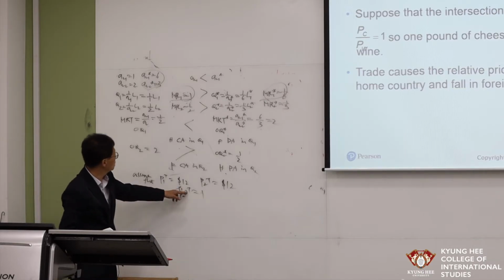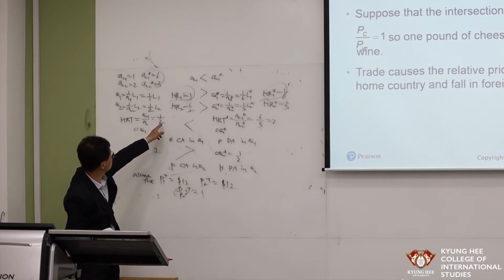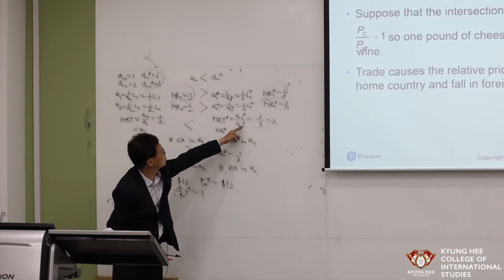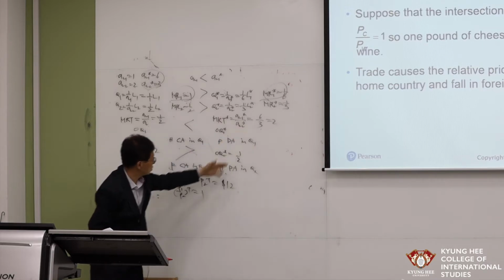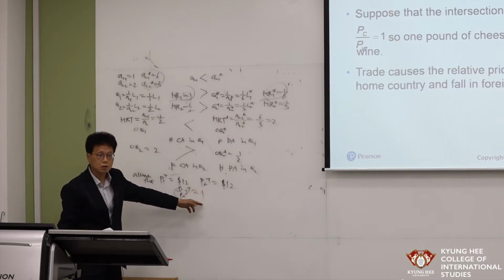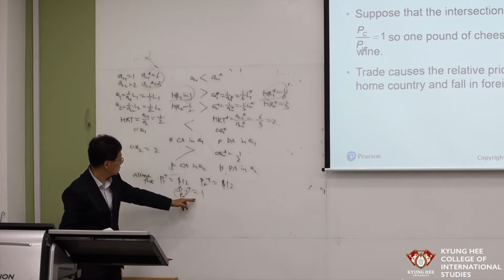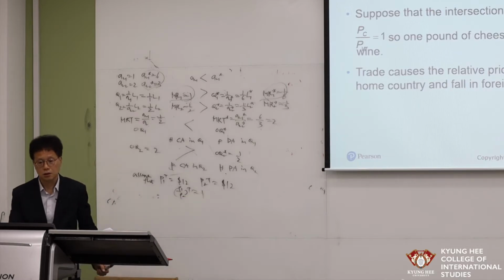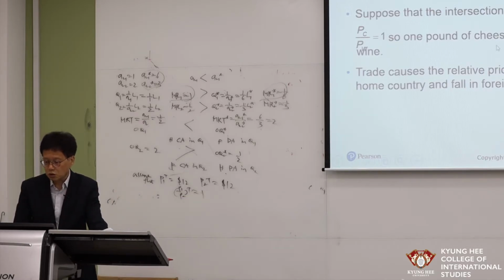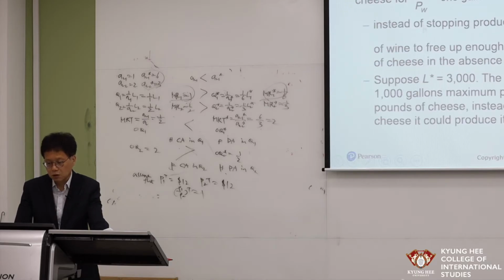Anyway, this one is in between the opportunity cost of Q1 in terms of Q2 in home, half, and the opportunity cost of Q1 in foreign, 2. Right? So that kind of thing. With trade, the foreign country can purchase 1 pound of cheese instead of giving up more.